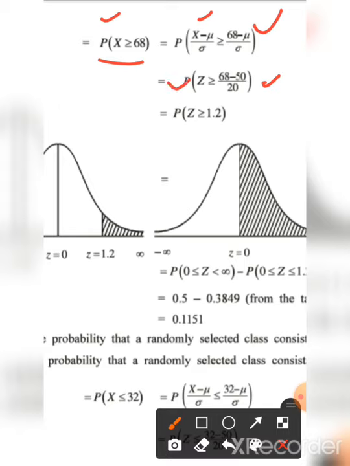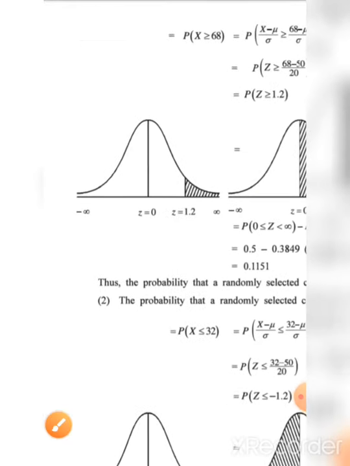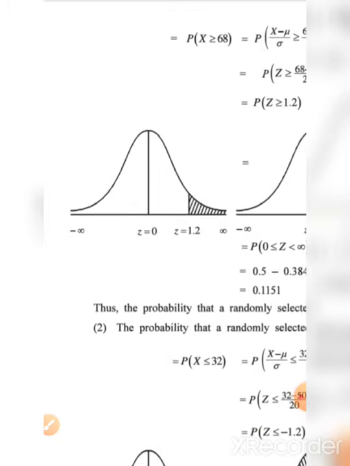Here you have converted x into z. So 68 minus 50 divided by 15, you would get 1.2. So what we need to find out over here is p of z greater than equal to 1.2. Now how are we going to find out z greater than equal to 1.2? How are we going to find it out?